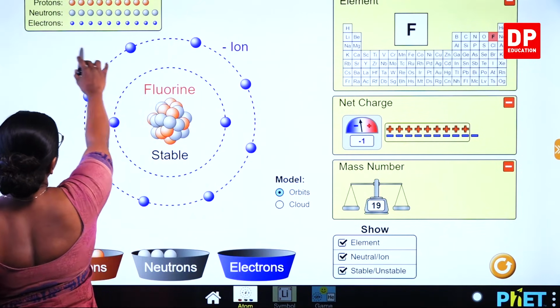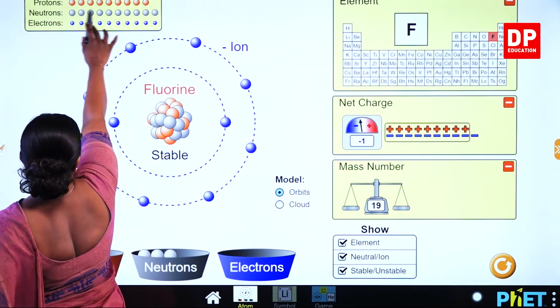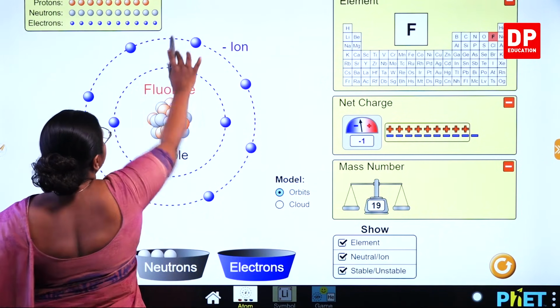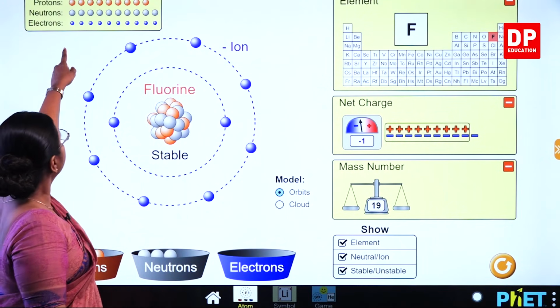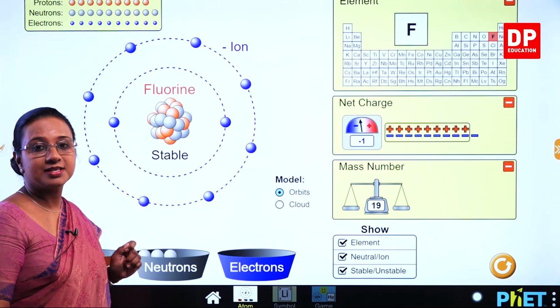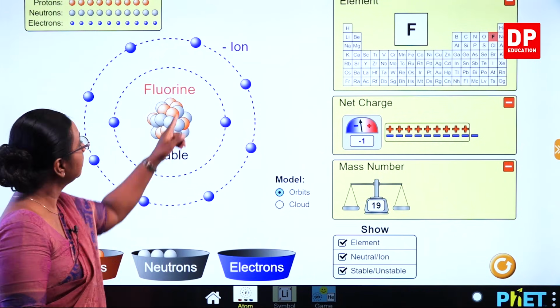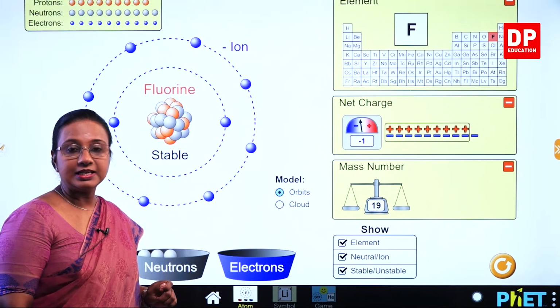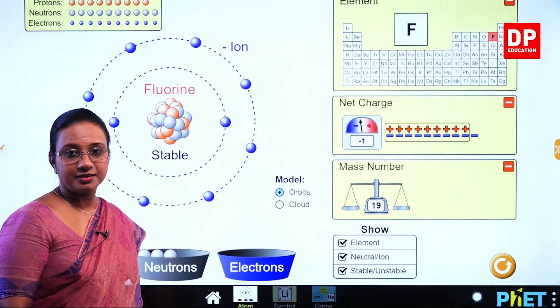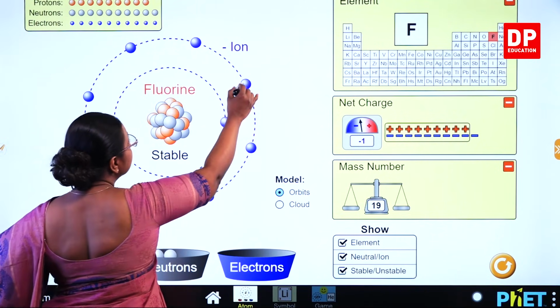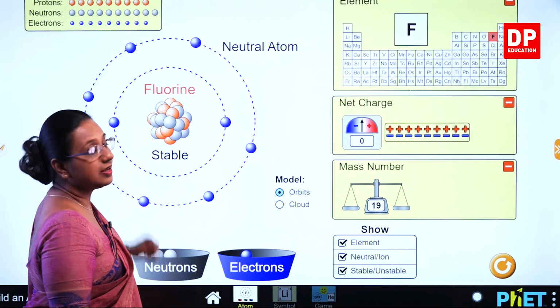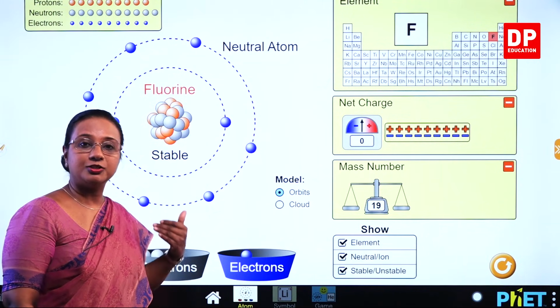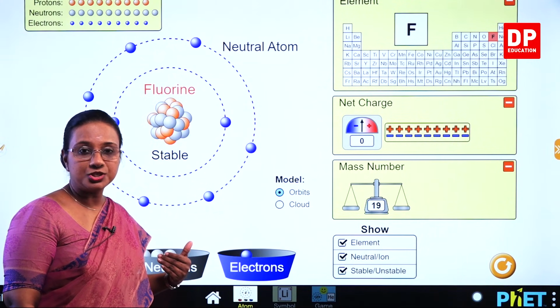And if you look at the top here, there are 9 protons, 10 neutrons. That value has not changed, but the number of electrons now has become 10. Therefore, it is a negatively charged ion. If it had been the atom like before, here you can see the number of electrons is back to normal, the neutral atom.